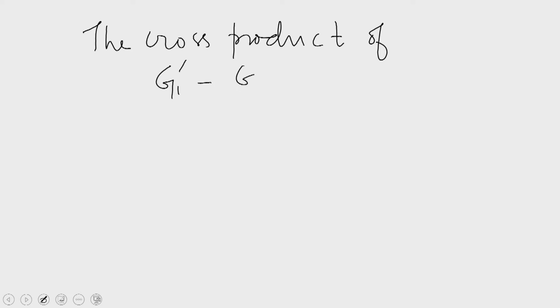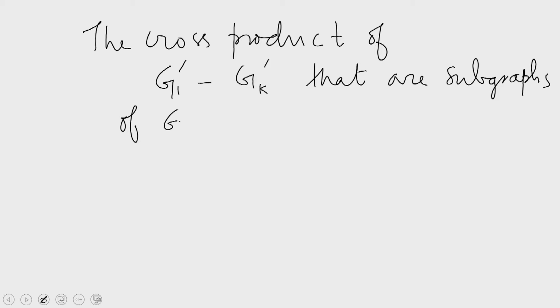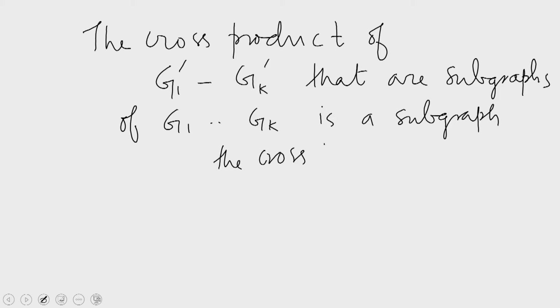the cross product of G1 prime through Gk prime, that are subgraphs of G1 through Gk, is a subgraph of the cross product of G1 through Gk.